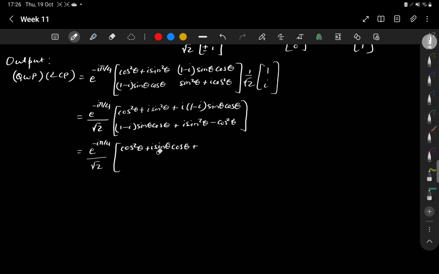Let me separate the real part and the imaginary part. So i squared is minus 1, so this gives me sin theta cos theta.